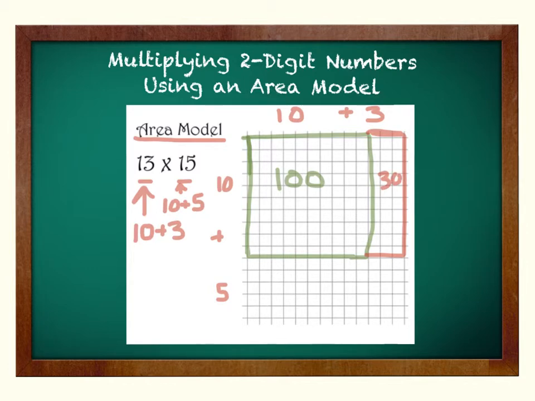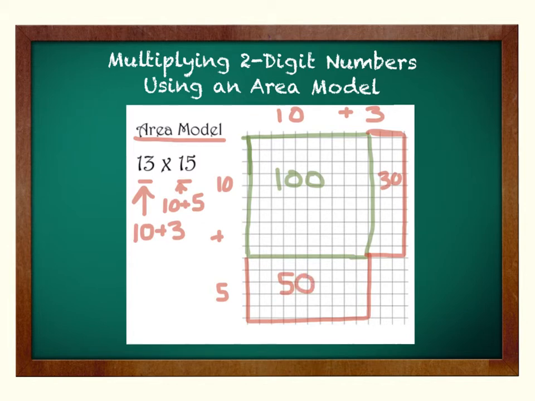But I can't forget this 5 down here. So in addition to that, I'm going to need to draw another 10 columns of 5, not 4, because I'm multiplying 5 times 10 here, and that's going to give me an additional 50.